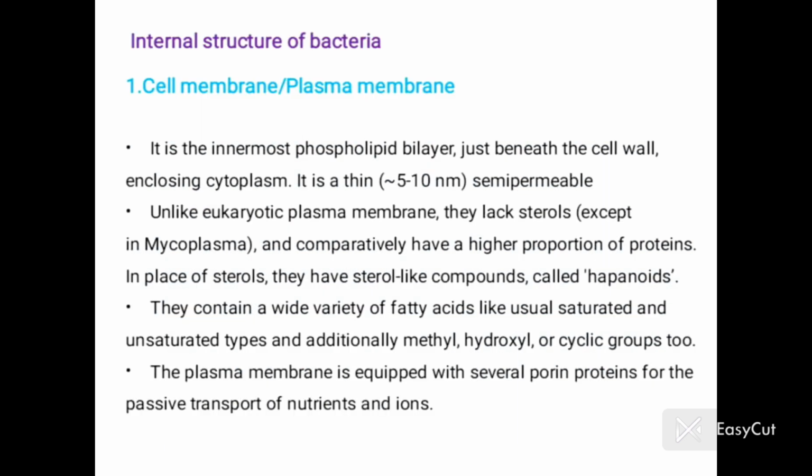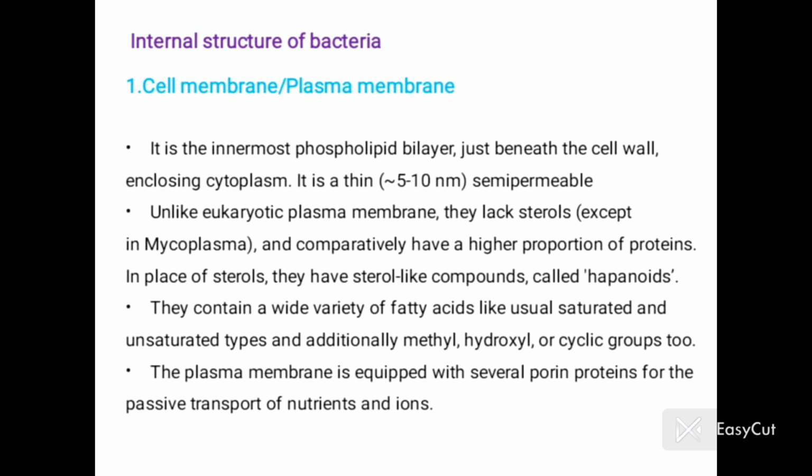Internal structure of bacteria. First, cell membrane, plasma membrane. It is the innermost phospholipid bilayer just beneath the cell wall, enclosing the cytoplasm. It is a thin, 5 to 10 nanometer, semi-permeable membrane. Unlike the eukaryotic plasma membrane, it lacks sterols and comparatively has a higher proportion of protein in place of sterols.